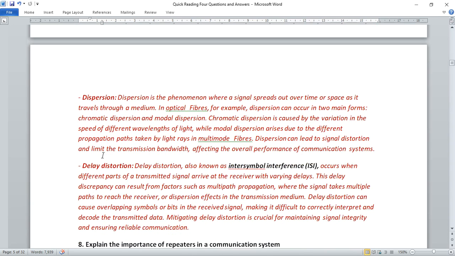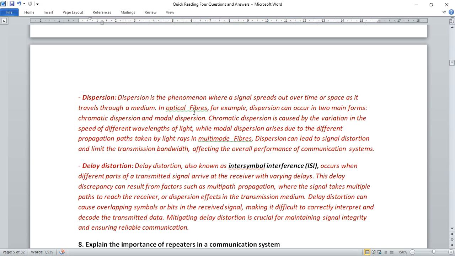Then we have dispersion. What is dispersion? Dispersion is a phenomenon where a signal spreads out over time or space as it travels through a medium. Remember, this is a disruption. Just like in normal English, to disperse is to make something spread.